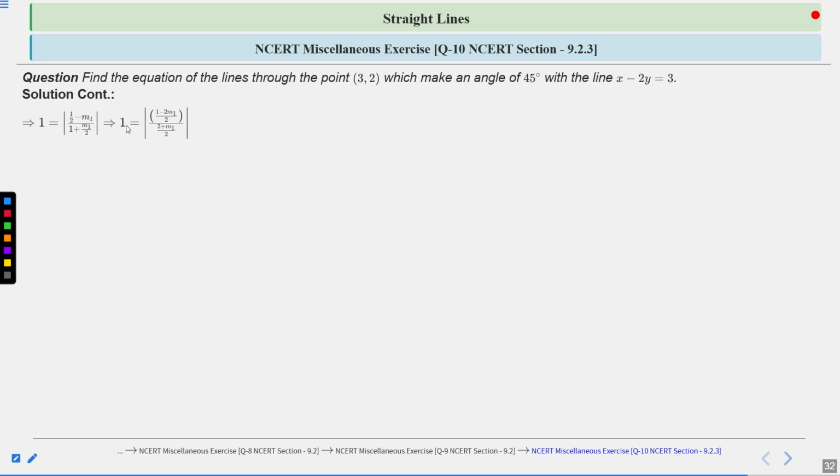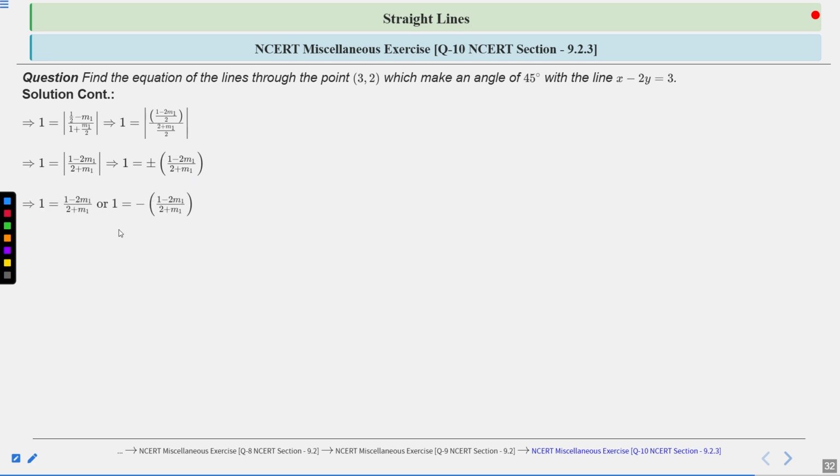It implies 1 = |((1 - 2m1)/2)/((2 + m1)/2)|, and it implies 1 = |(1 - 2m1)/(2 + m1)|. So 1 = ±(1 - 2m1)/(2 + m1).